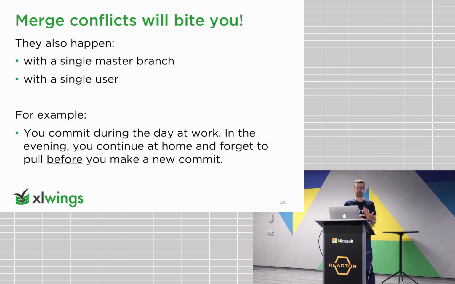Even if you are a single person working on a single branch, you can easily run into merge conflicts. The classic example is that you work in the office and commit and push during the day, then you go home and continue to work, but you forget to pull the changes you made during the day. Then in the moment you push, you basically have to pull, and when you pull, you end up in a merge conflict.